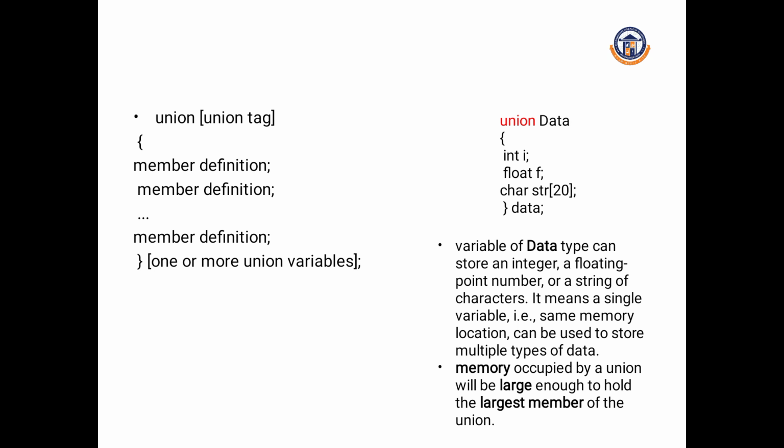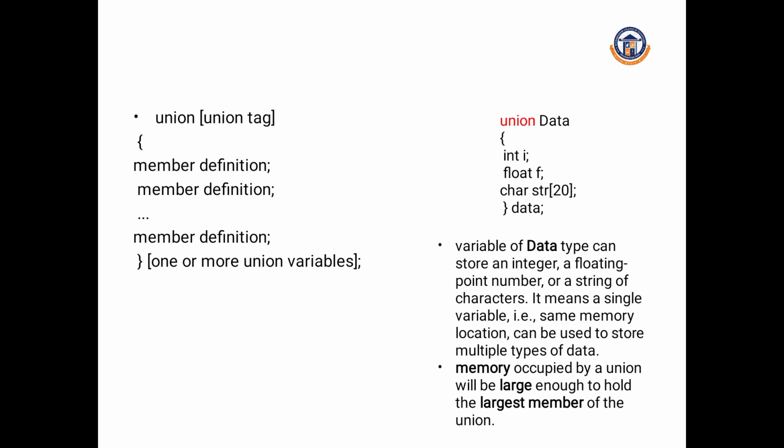Then we define the members inside it. Those members may be of different data types, as we discussed earlier: member 1, member 2, member 3. After defining all those members, you can have the variables at the last. We can have n number of variables. After completing that variable declaration, we have a semicolon at the last.